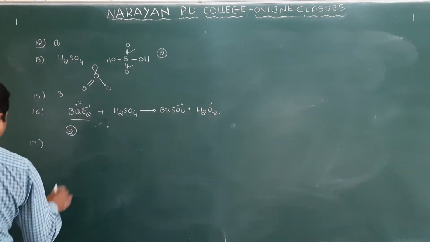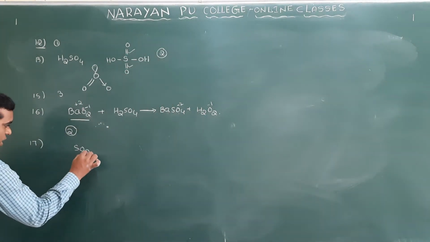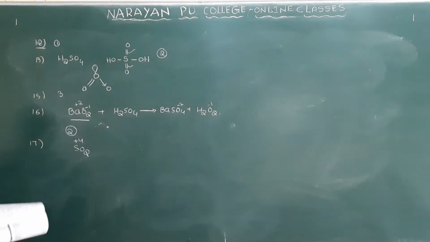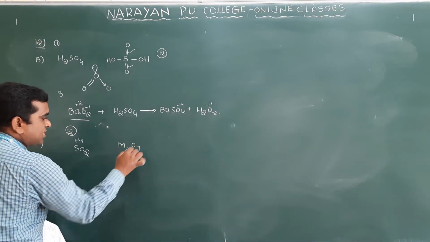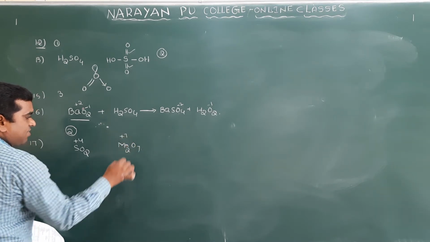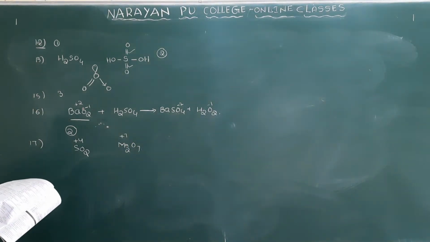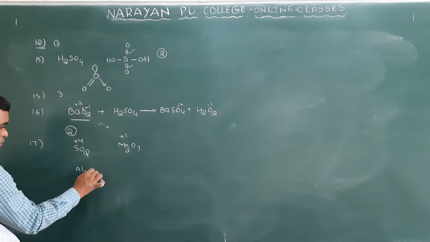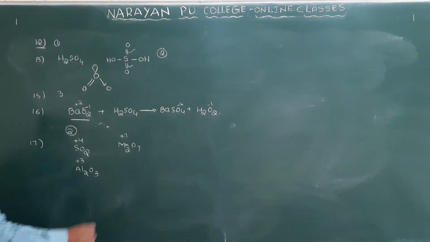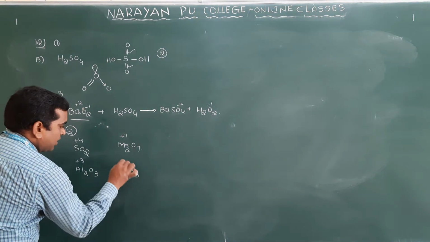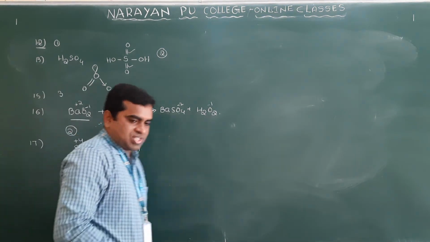Now you see. First option, sulfur dioxide. What is the oxidation state now? +4. And Mn2O7, what is the oxidation state here? +7, manganese. Next one, Al2O3, what is the oxidation state here? +3. And chromium CrO3, what is the oxidation state now? +6.